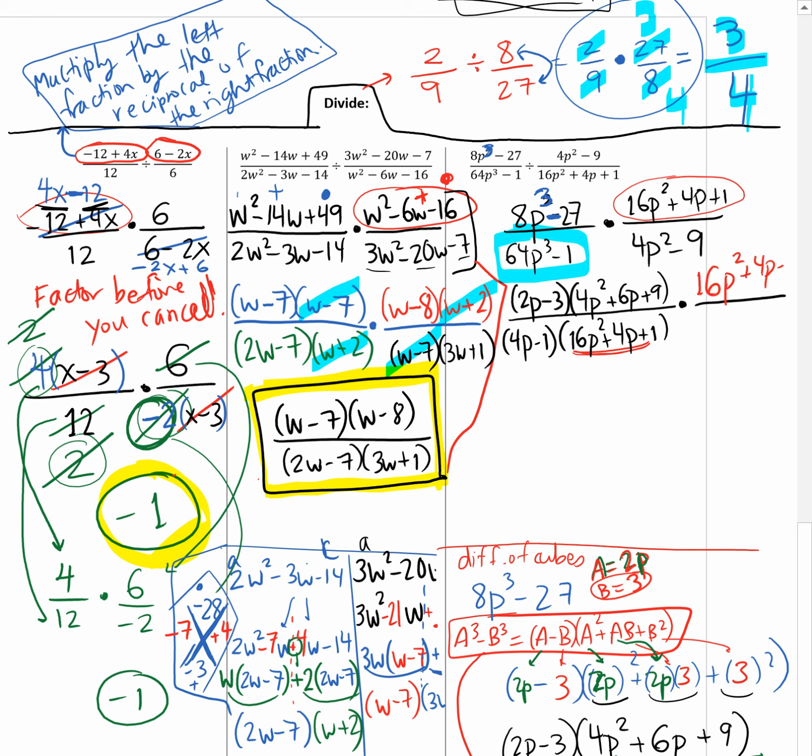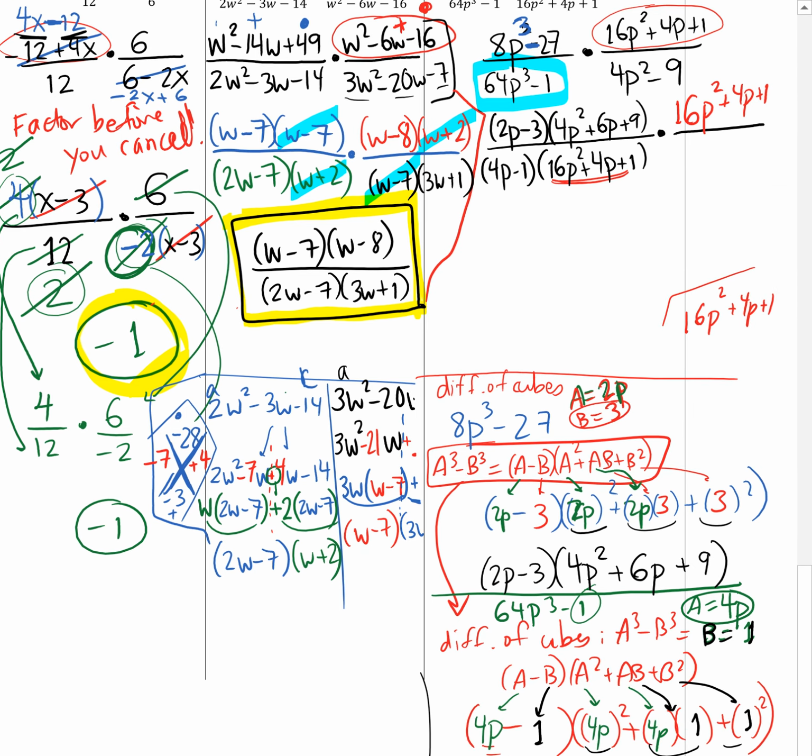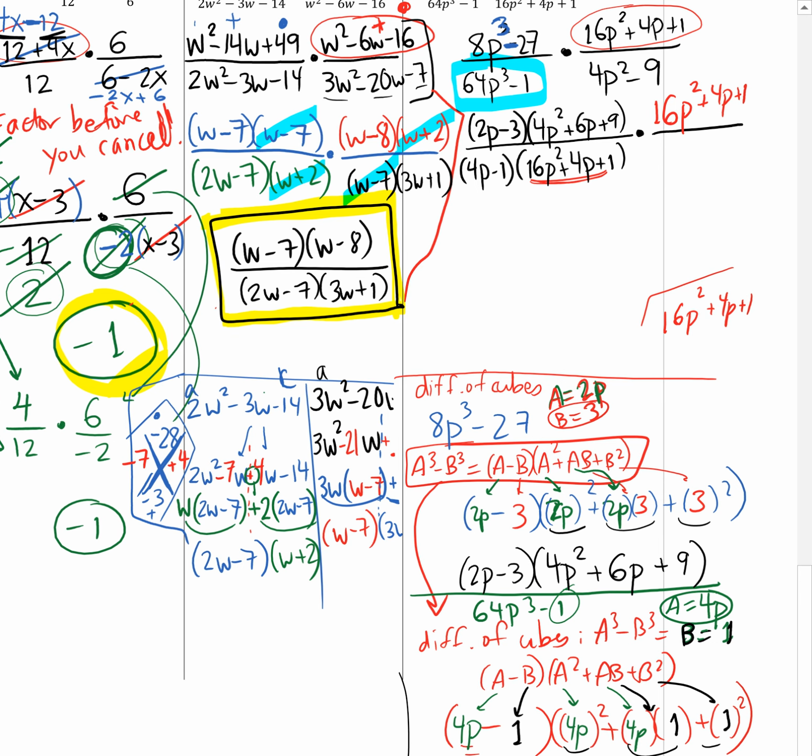But you know what, if I tried to factor it, let me bring it down and look at it. Yeah, like if I came down here, let's try right here, 16p squared plus 4p plus 1. You think about factoring that guy and you say, alright, there's no common factors there. There's nothing I can factor out. So I'd have to use the box method, or I mean, sorry, the x method. If I do a times c, 16 times 1 is 16.